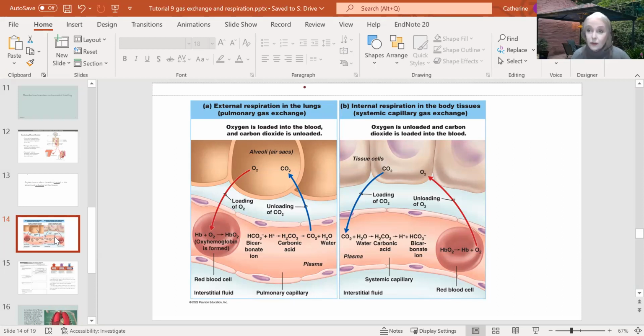It does come from the tissues as CO2, but then because we're watery creatures, CO2 and water equals carbonic acid. Carbonic acid is a weak molecule that just falls apart at the drop of a hat, and it becomes a bicarbonate ion and free hydrogen ions. So it's really important to mention that in terms of carbon dioxide transport in the blood.